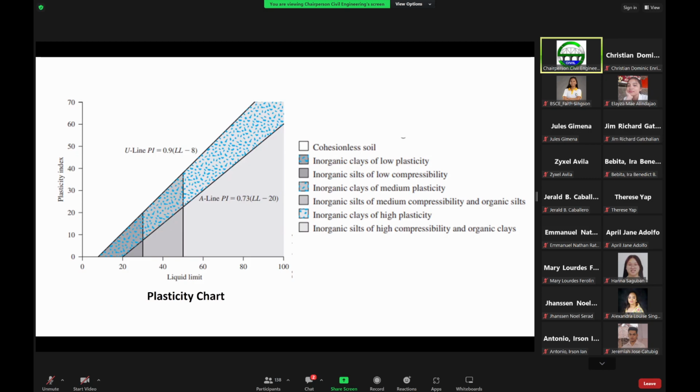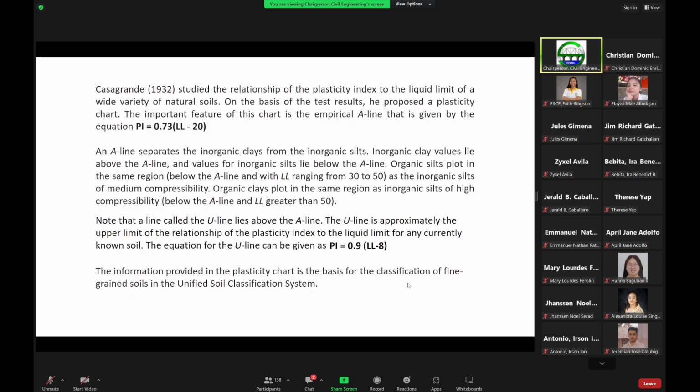So aside from the A line, you also have the U line. The U line is approximately the upper limit of the relationship of the plasticity index to the liquid limit for any currently known soil, wherein the U line is given by this formula here for the PI.